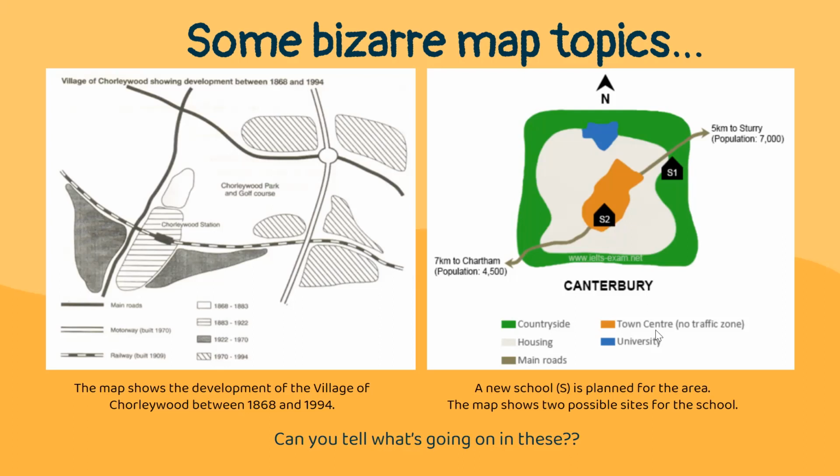It was in the middle of the town center where there's no traffic, and I can say that it was far away from the university, and it is in between the housing. Also, I think you could say that site one was closer to Surrey, and site two was closer to Chatham. But overall, it just asks you to describe the possible sites.